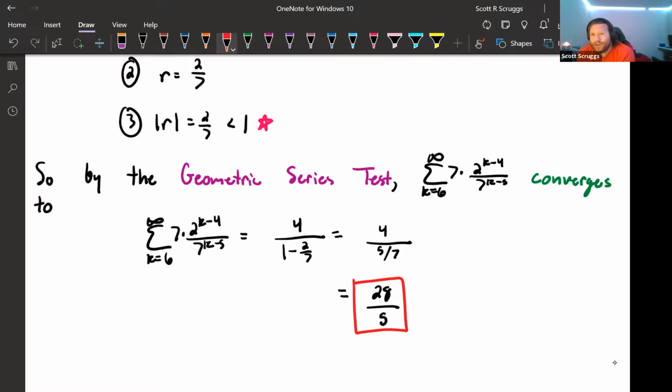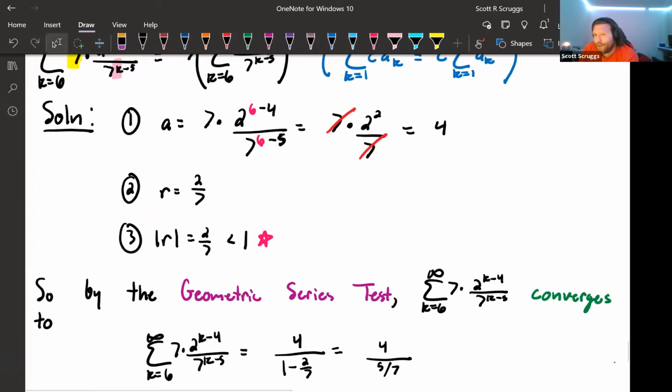And there are my conditions for geometric series test. We stated this common factor. We stated this common ratio. We showed the absolute value for it is strictly less than 1. So geometric series test will tell me that that series will converge.